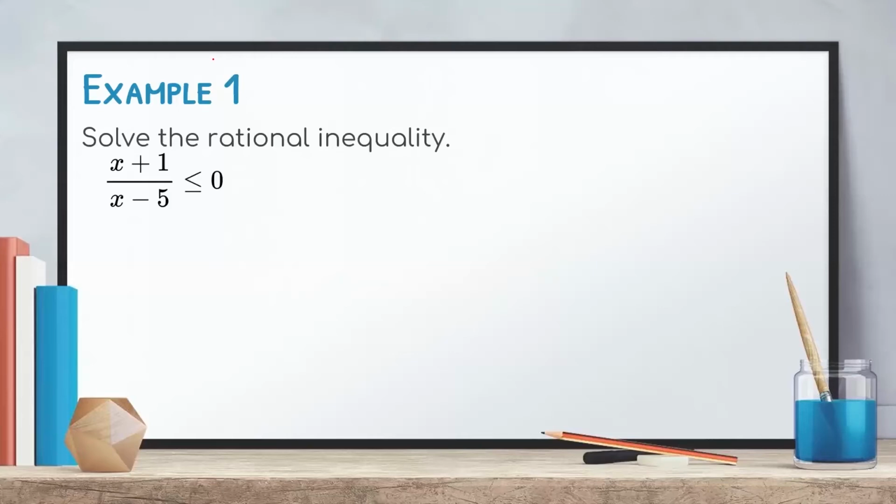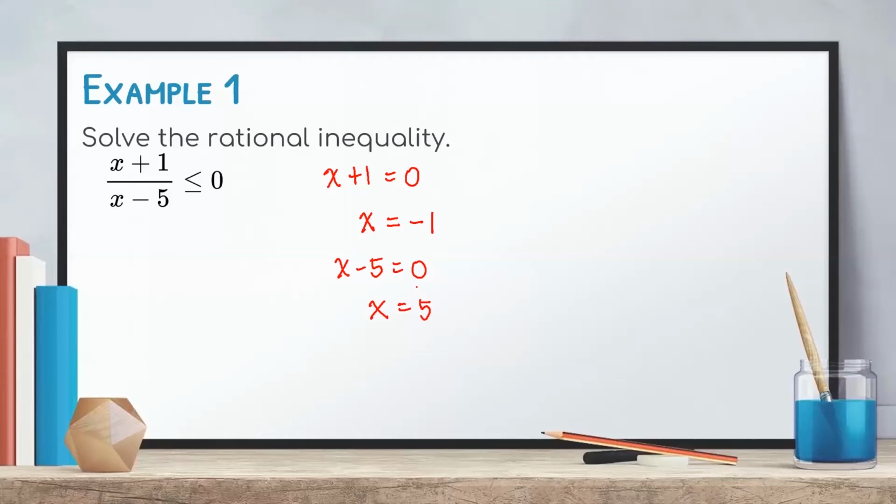For the zero of the numerator, we will equate x plus 1 to 0 and solve for the value of x. Therefore, we will have x equals negative 1. For the denominator, we will be doing the same thing. We will have x minus 5 equals 0 and solve for the value of x. Here, the value of x is 5.